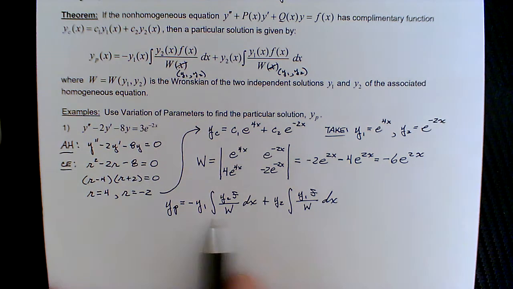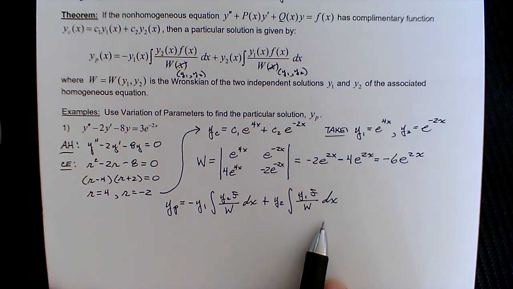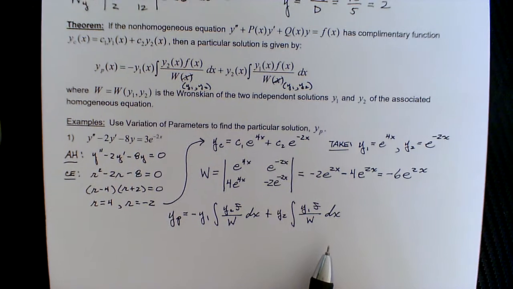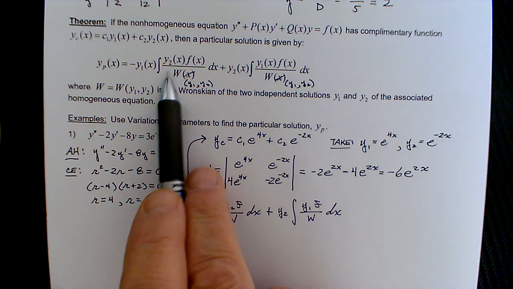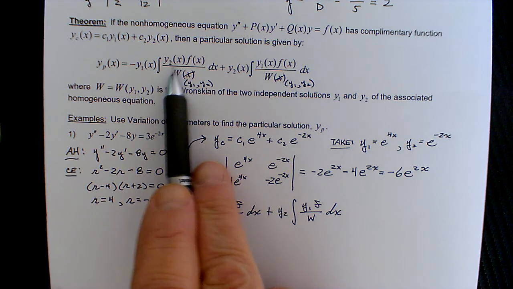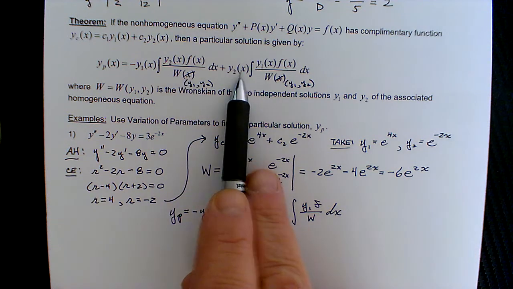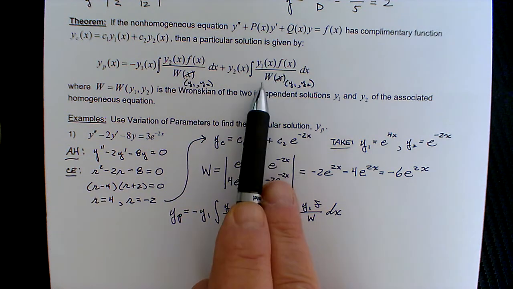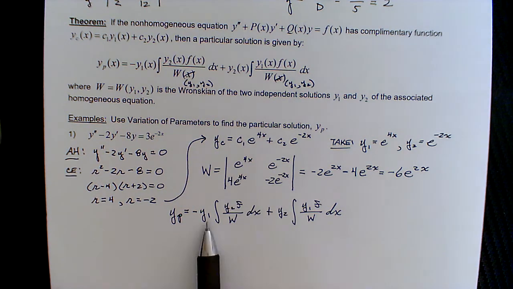So I wrote the theorem out in a more concise fashion without having to use the functional notation like was in the actual formal theorem. So there's just y1 integral y2 f over w. Here's y2 integral y1 f over w. So that's what we have.